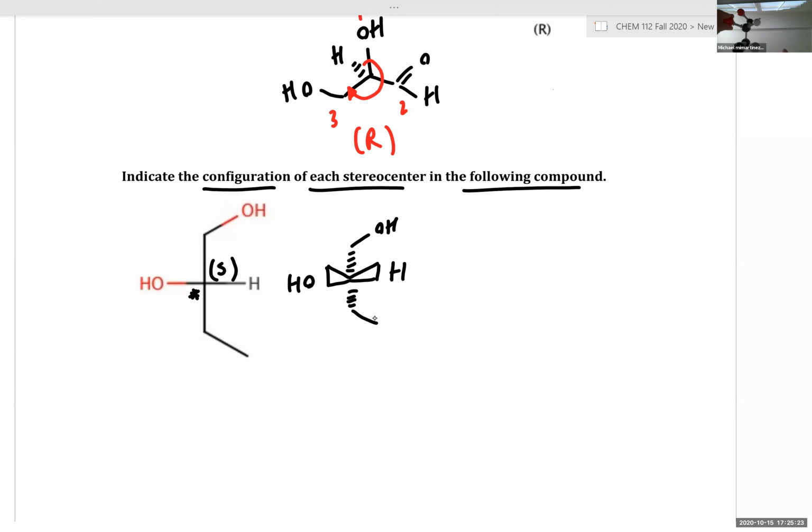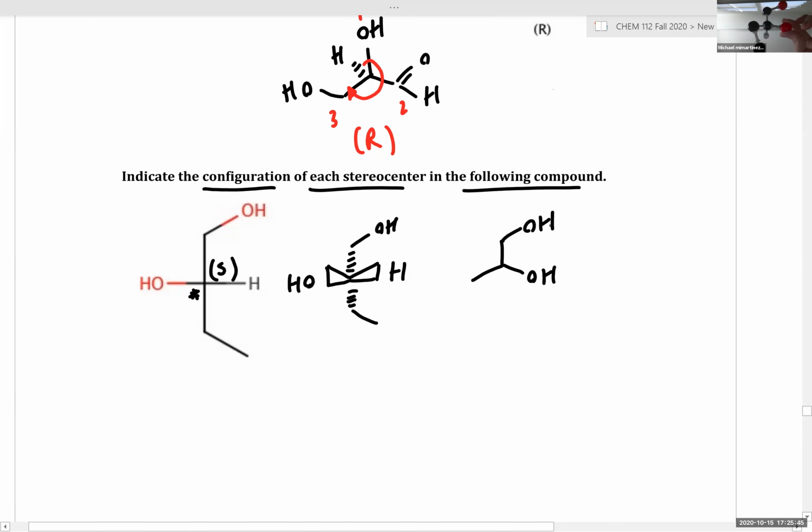So now we want the hydrogen in the back. So what we're going to do is rotate this molecule so the hydrogen is in the back. And now we're just going to draw what we see. So our alcohol's on the right, our methylene group's up top, our ethyl group's on the left, and our hydrogen's in the back.